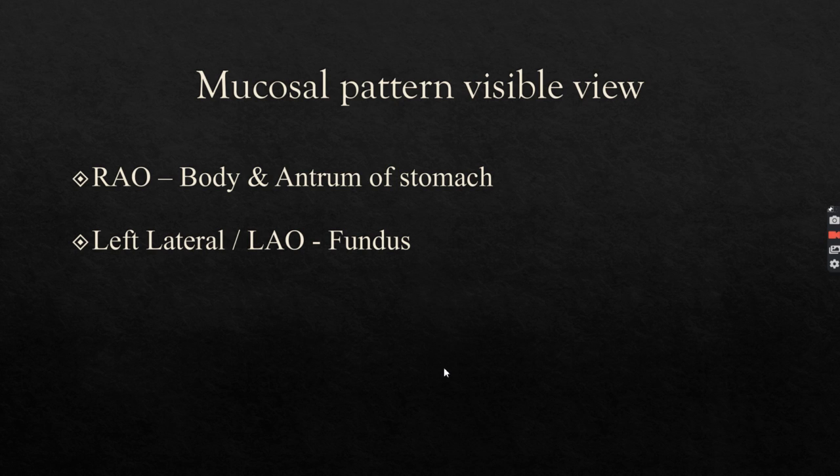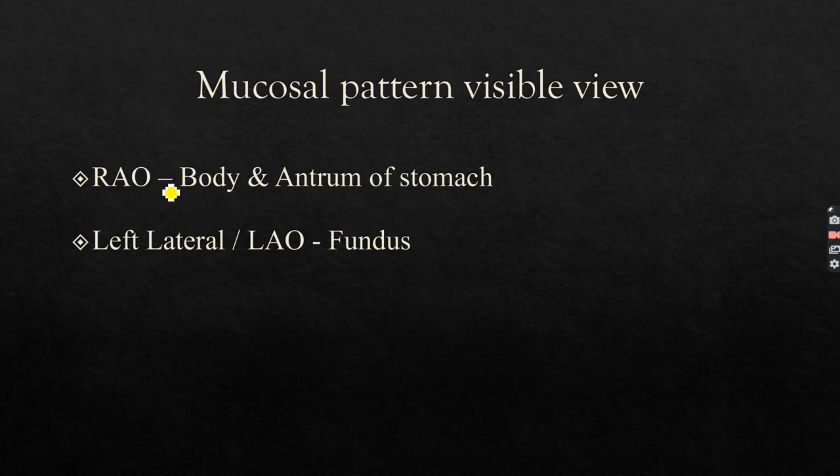In mucosal pattern, if we want to see the mucosa of the body and antrum of the stomach, use the right anterior oblique view. Why right anterior oblique view? Because the antrum part of the stomach is usually situated more towards the right side and anteriorly when compared to the fundus part.